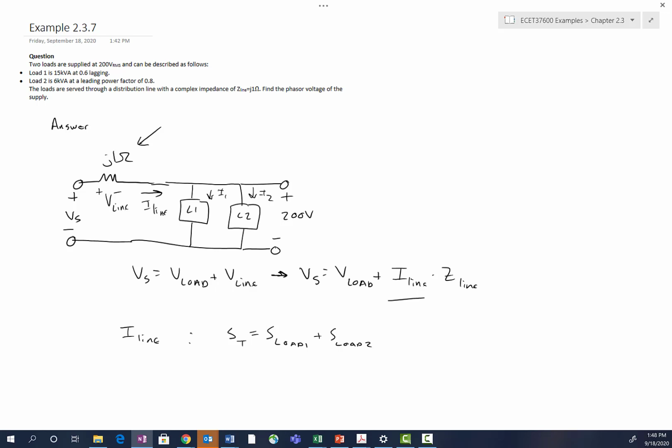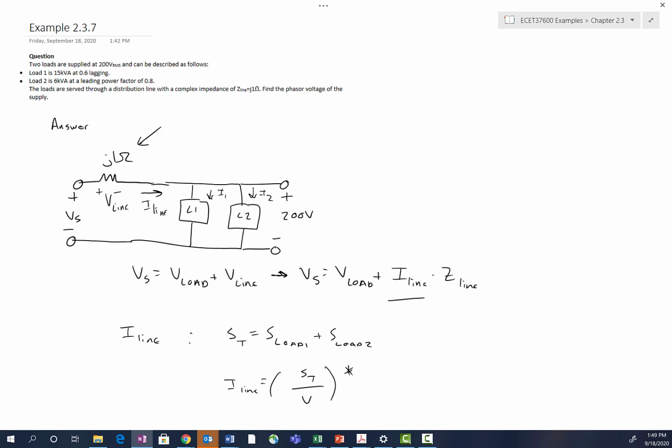Then I can solve for I line if I know total circuit power from our power equation, which is just the total apparent power divided by the voltage across the loads. And then remember, we need to take the complex conjugate to take care of the angle that we have. So we need to figure those out.